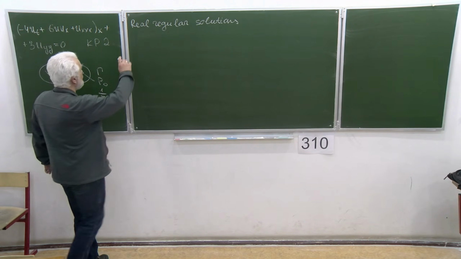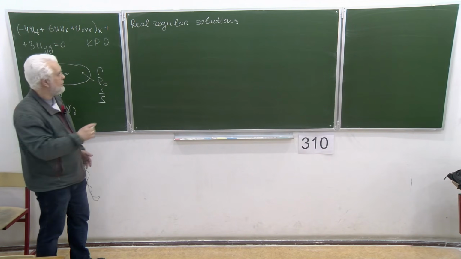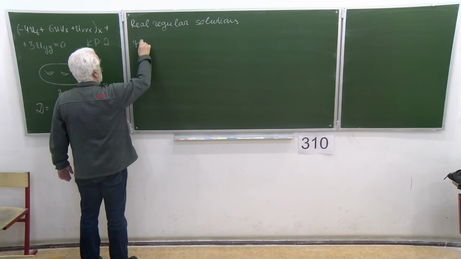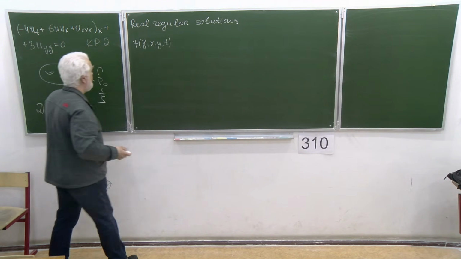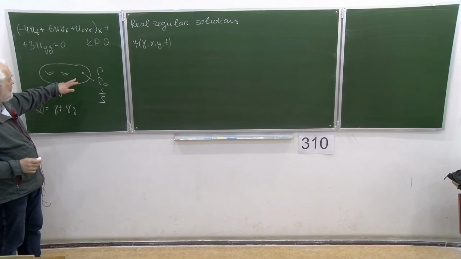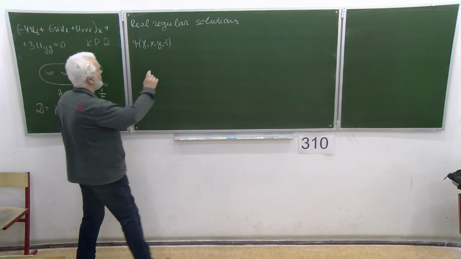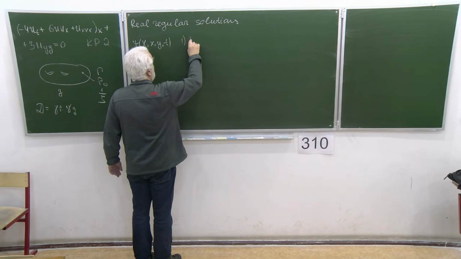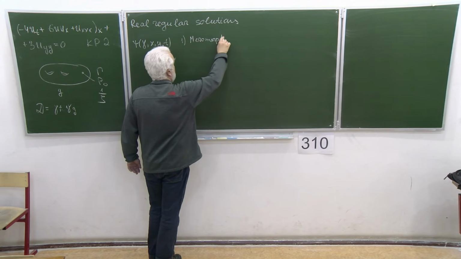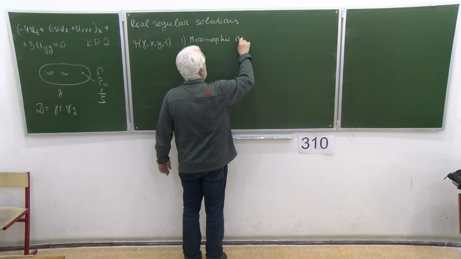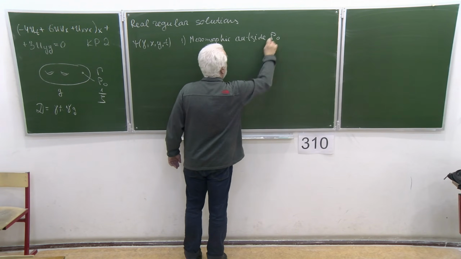Then it's possible to prove there exists a unique function, of course for generic data, psi of gamma, x, y, t, with the following properties. One, it is meromorphic outside P0.